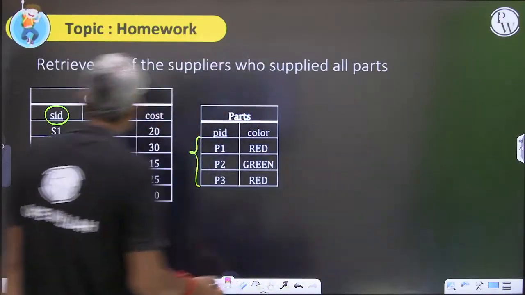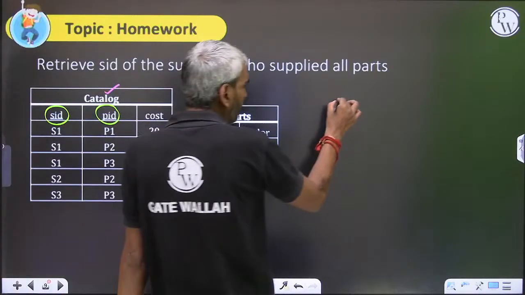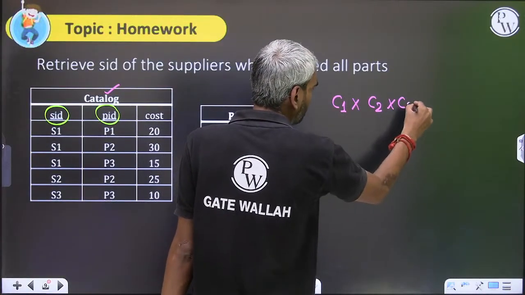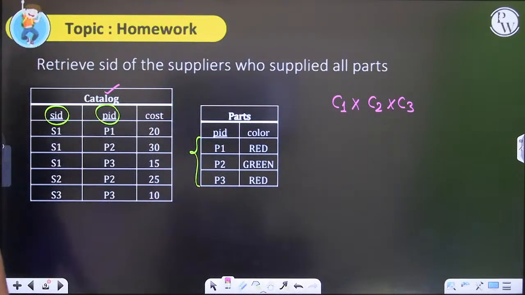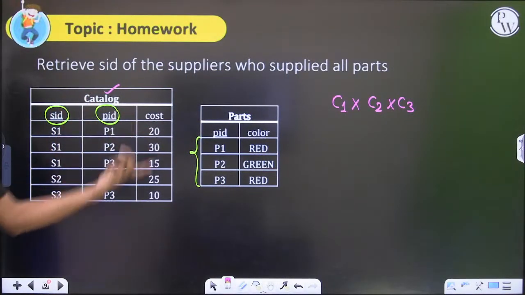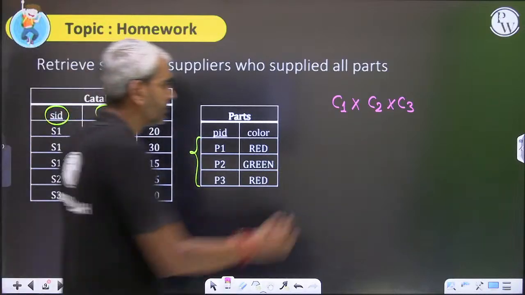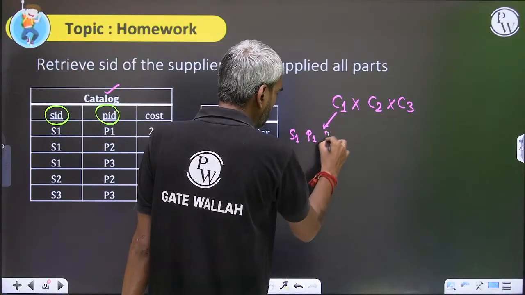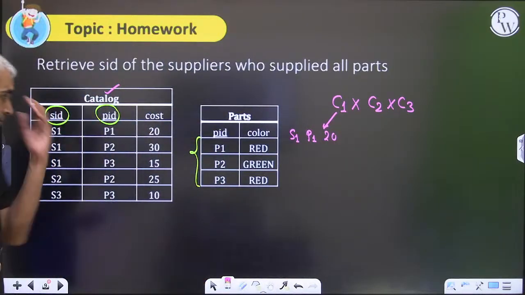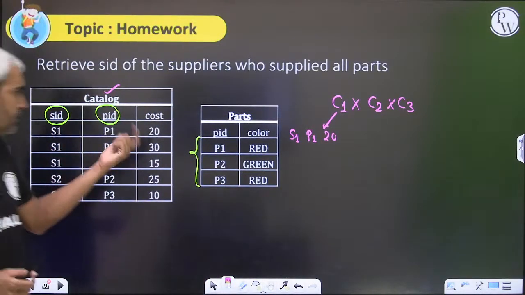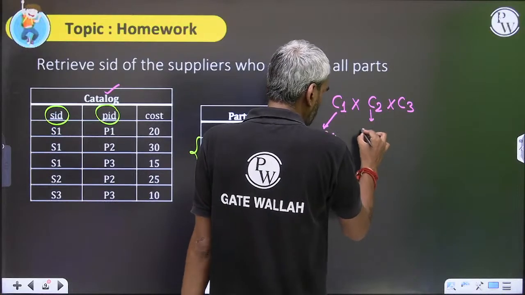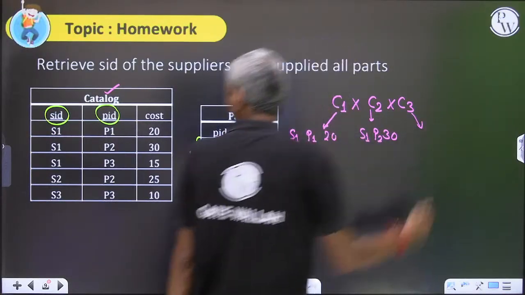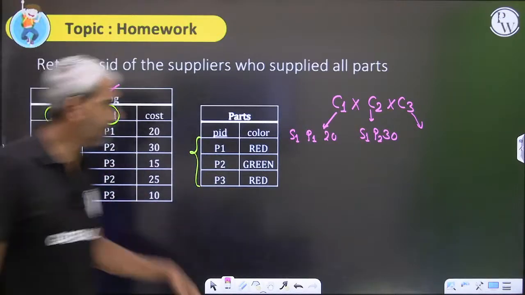If I look at this catalog table and perform the cross product of catalog 3 times, the catalog with itself 3 times, then this S1 P1 20 will be combined with S1 P2 30, and at the same time it will be combined with S1 P3 15.